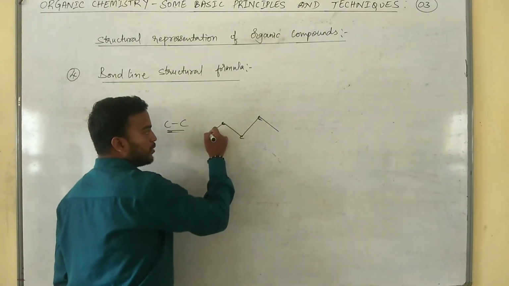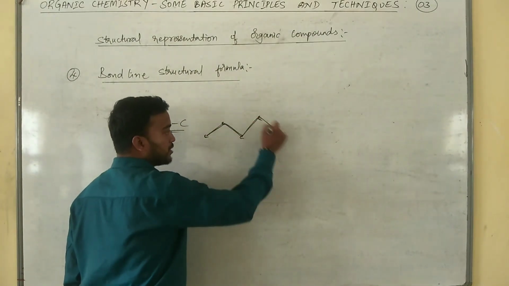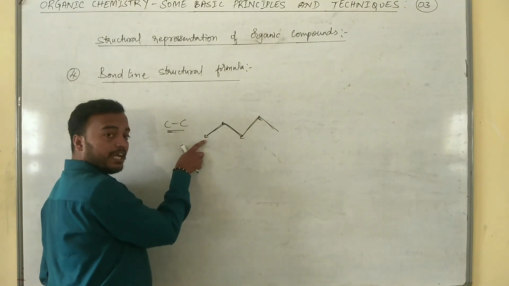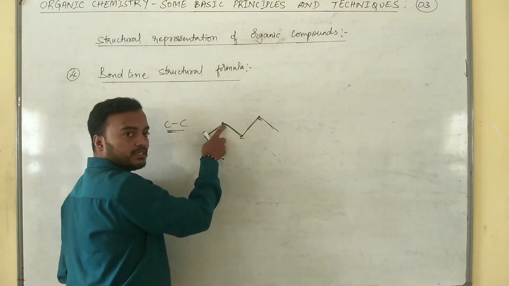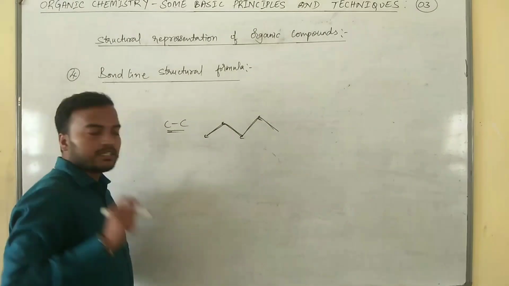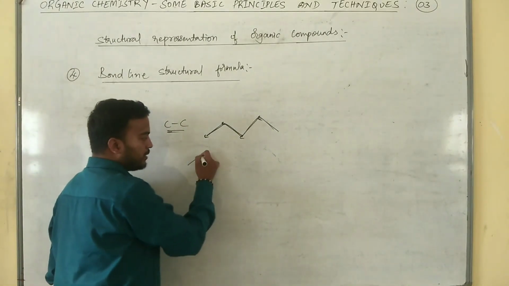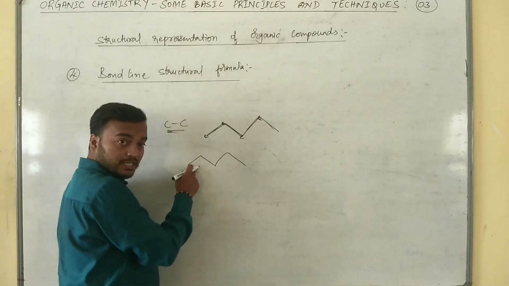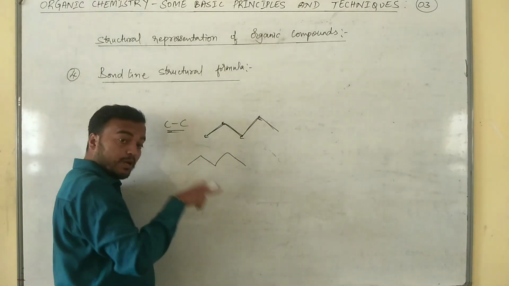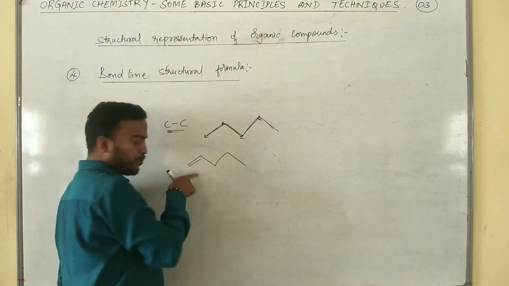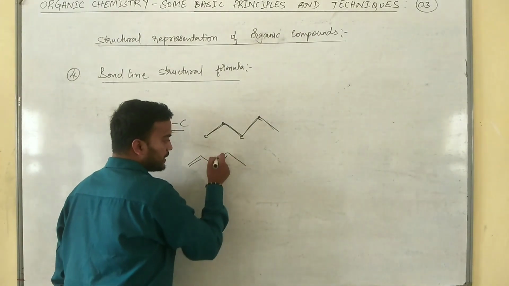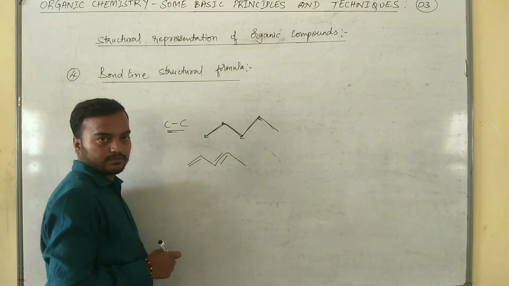In carbon-carbon bonds, those bonds will be represented by zigzag lines, and carbon atoms at the end and intersection positions. A single bond is represented by a single dash. A double bond will be represented by 2 parallel lines, and a triple bond will be represented by 3 parallel lines.